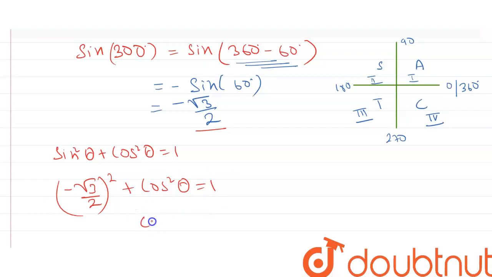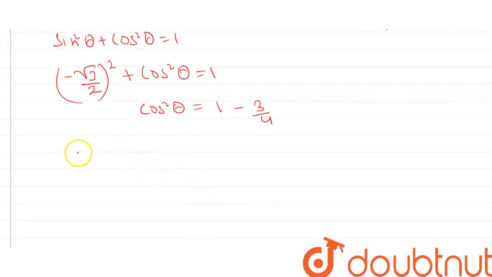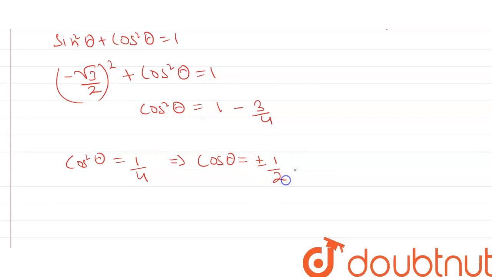So the value of cos square theta comes out to be 1 minus 3 by 4. Is it clear? If I solve it further, cos square theta comes out to be 1 by 4. So cos theta comes out to be plus minus 1 upon 2. Now we have to choose one value, either positive 1 by 2 or negative 1 by 2.